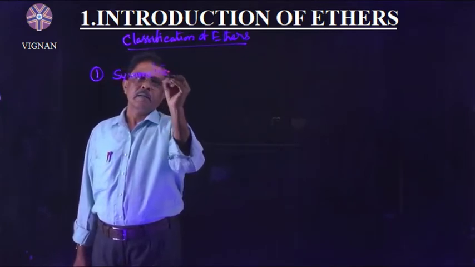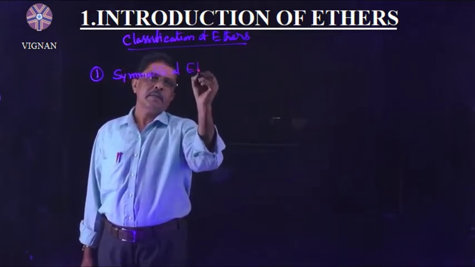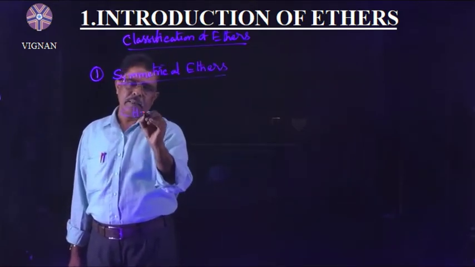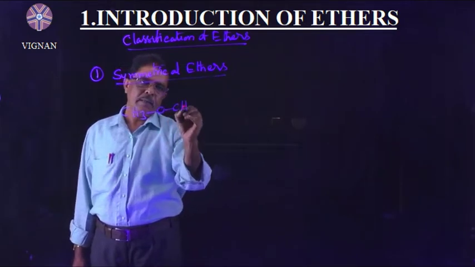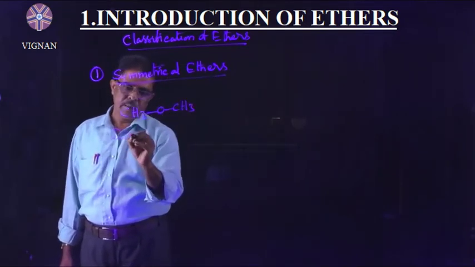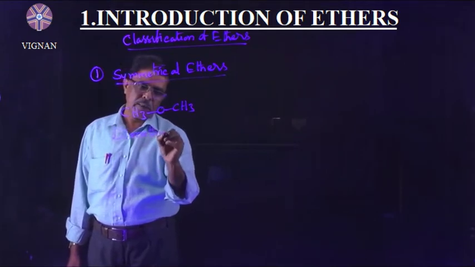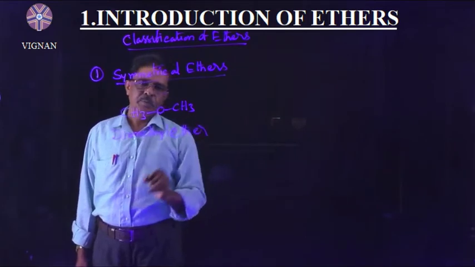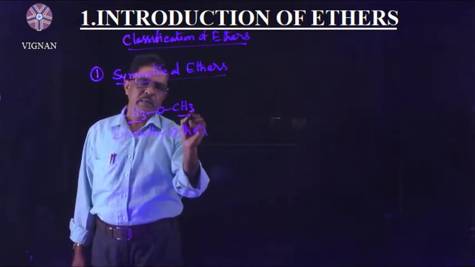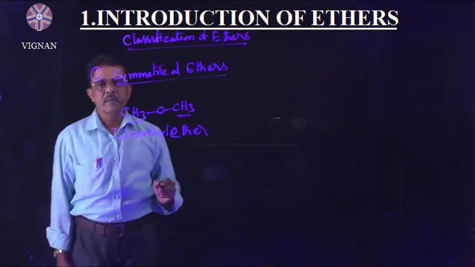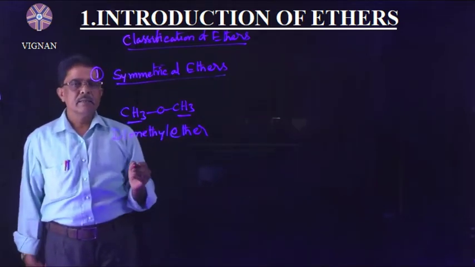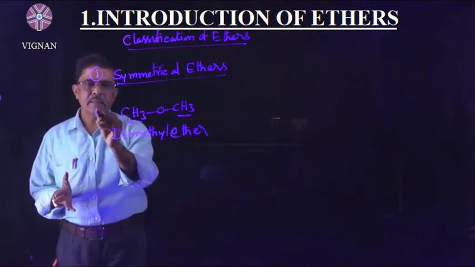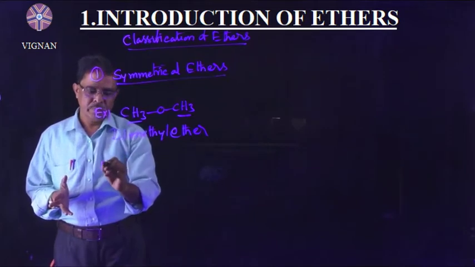I will take an example for a symmetrical ether: dimethyl ether, with formula CH3OCH3. In this ether, both alkyl groups are identical, so the ether is said to be a symmetrical ether.